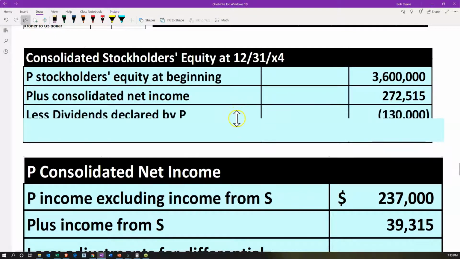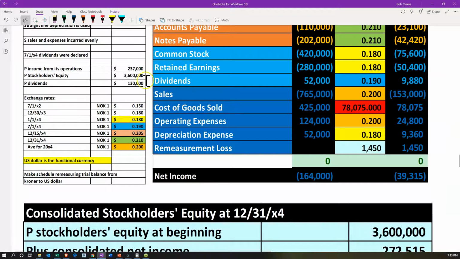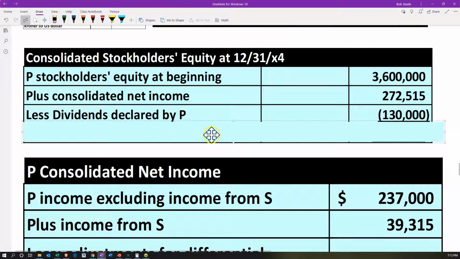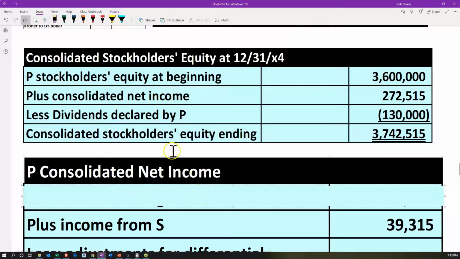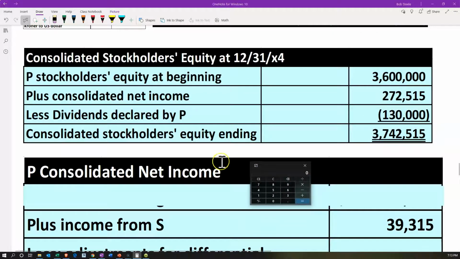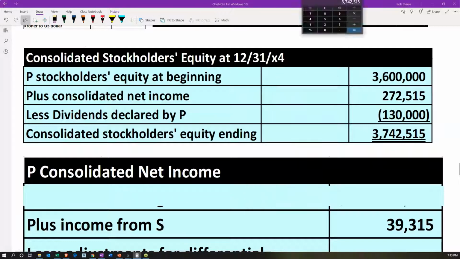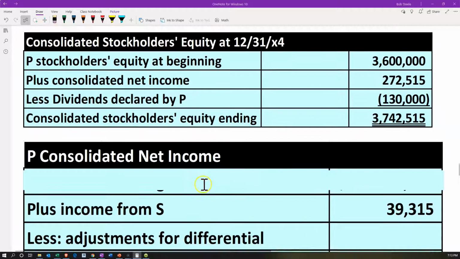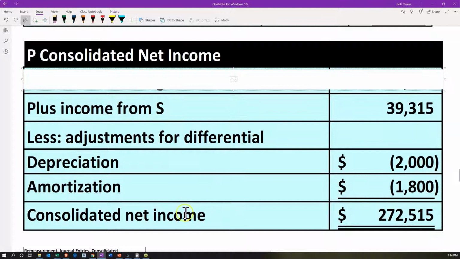And then we have less the dividends declared by P, the parent company, again in dollars, which is going to be the 130,000. And that's going to give us then the consolidated stockholders equity at the end. If we were to add and subtract, 3,600,000 plus the 272,515 minus the 130,000 is the 3,742,515.